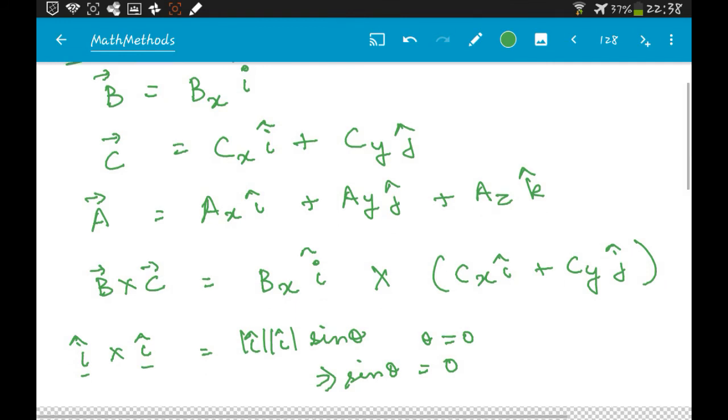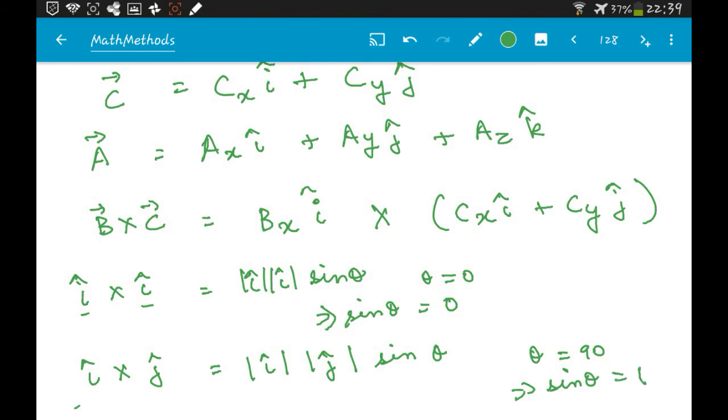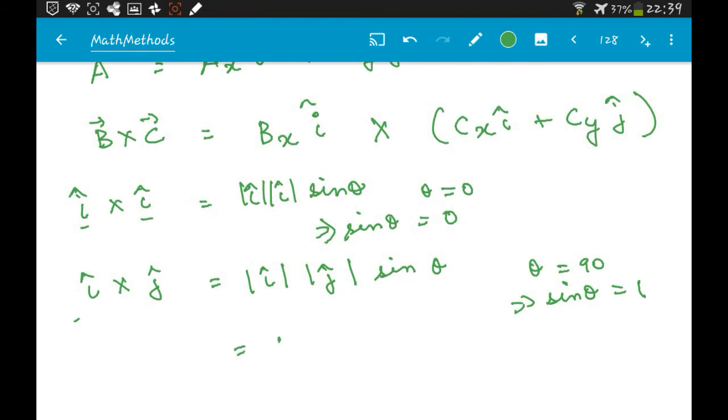But if you do i crossed with j, you will get the norm of i times the norm of j times sine theta. Here, since i and j are 90 degrees to each other, theta is 90, therefore sine theta is going to be 1. So you will get 1 times 1 times 1, which is 1. Okay, so i cross j is going to give you k.